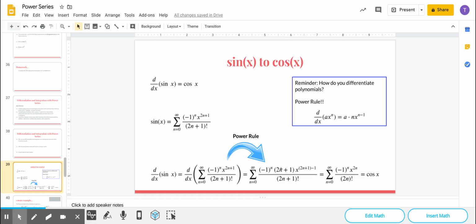So this 2n plus 1 up top simplifies with the first term in the 2n plus 1 factorial. And what's left is 2n factorial, because if I just get rid of the first term, I'm left with 2n times 2n minus 1 times 2n minus 2, so on and so forth. So I'm left with 2n factorial. Simplifying factorials becomes really important here for this reason. You have to be able to simplify this accurately to get to the most simplified version of your answer.